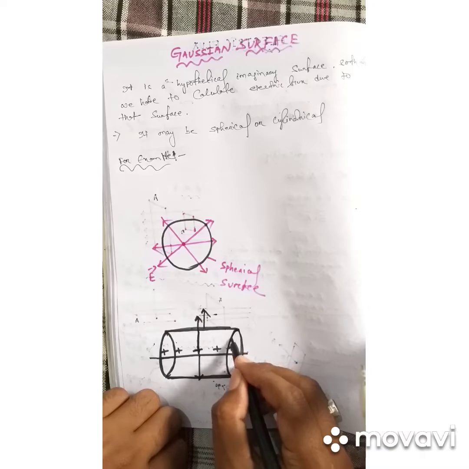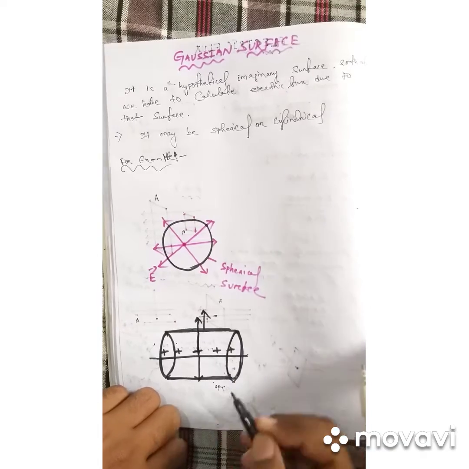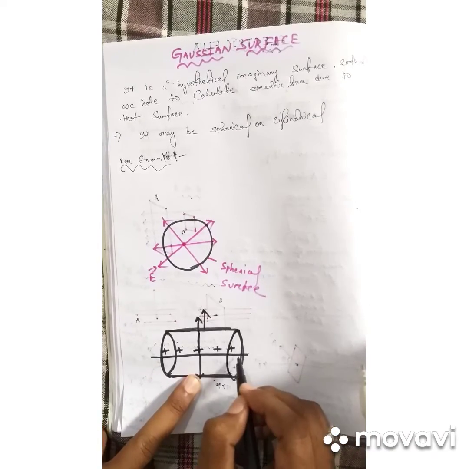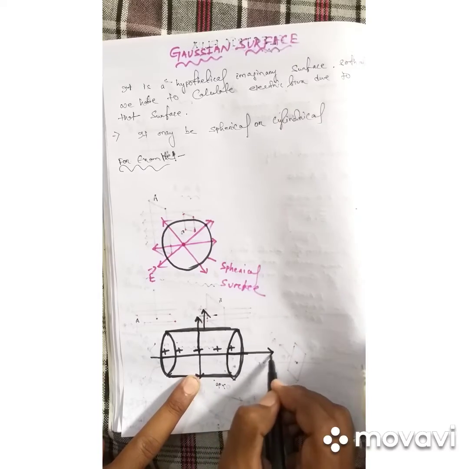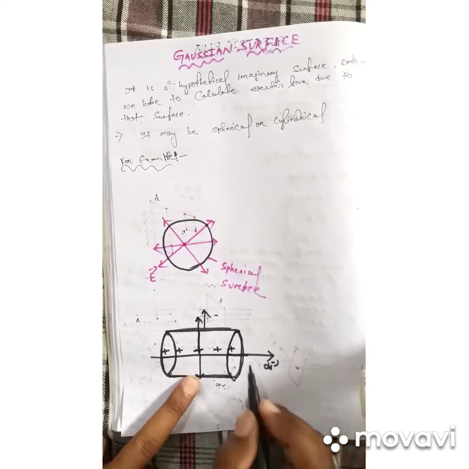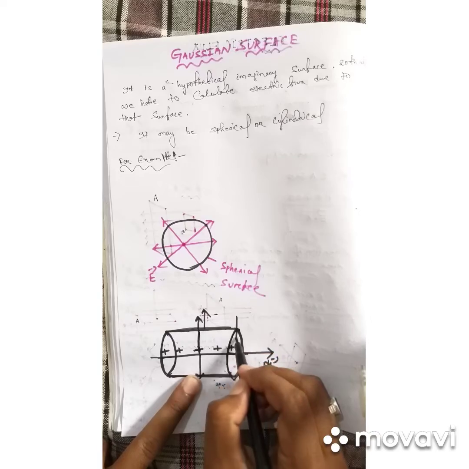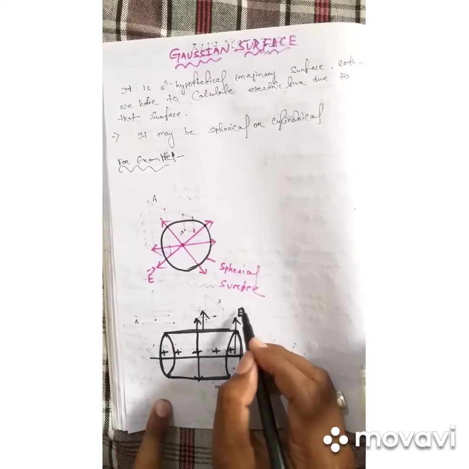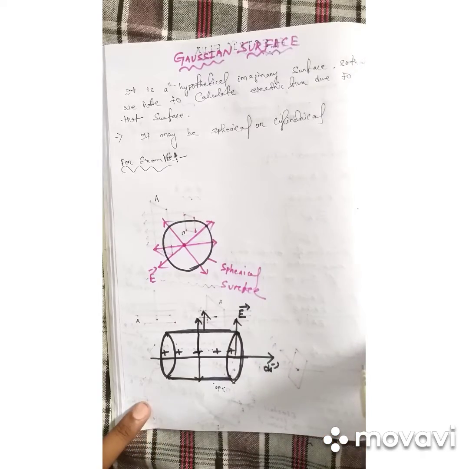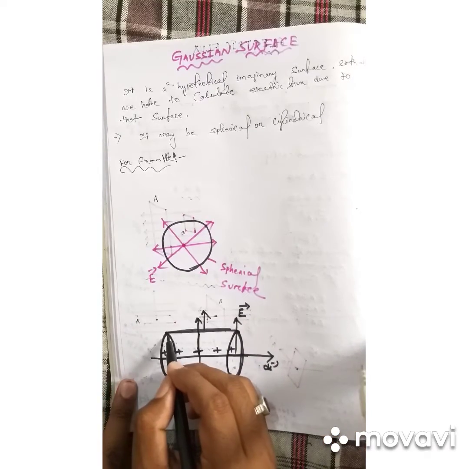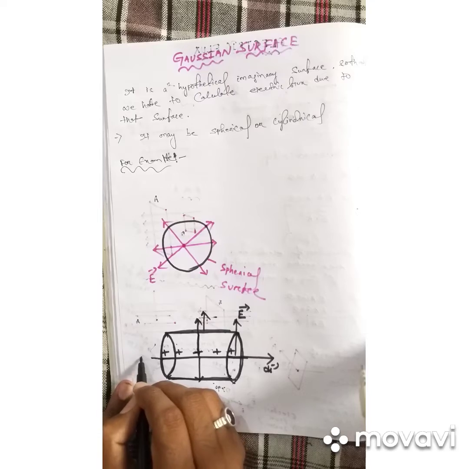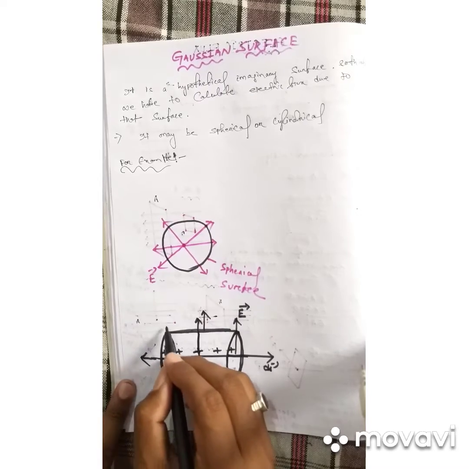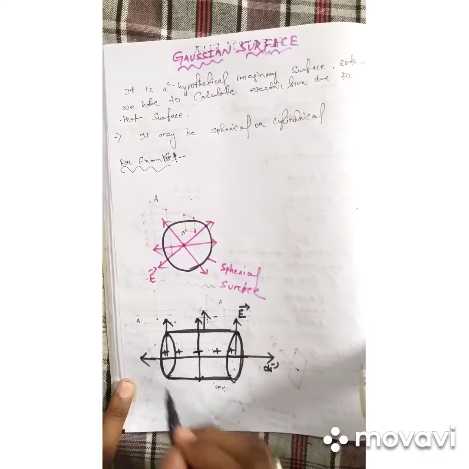But in the second surface, the area vector moves in that direction and the electric field intensity is perpendicular to that area vector. Similarly, in the opposite case, the ds vector is in that direction and the electric field is also in that direction.